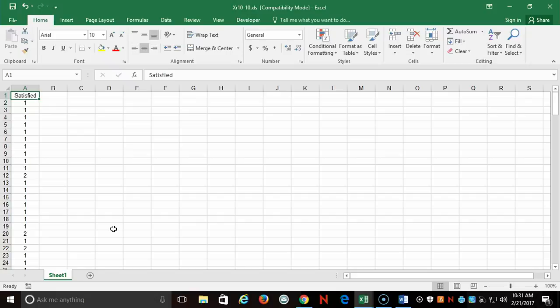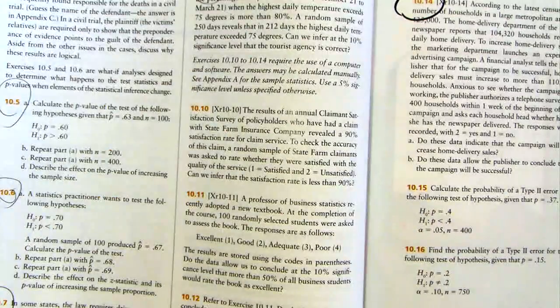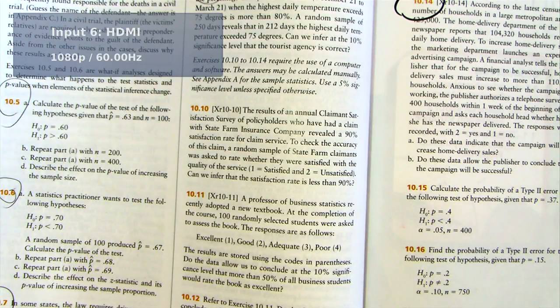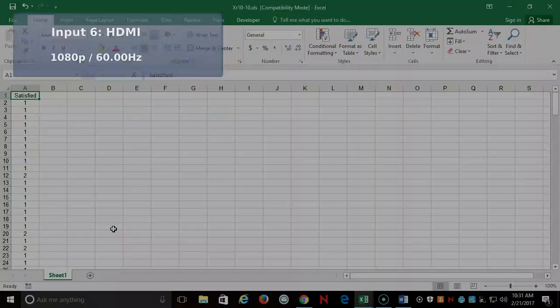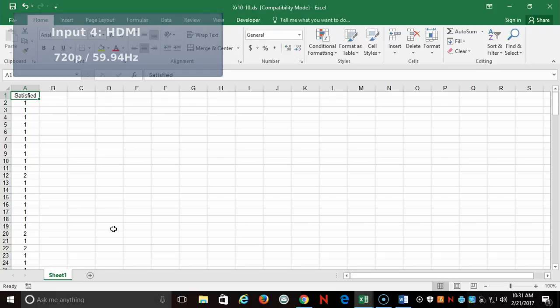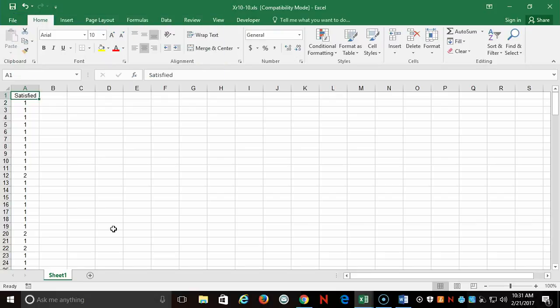And we asked them a question. We said, are you satisfied or not? 1 meant satisfied, 2 meant unsatisfied. So what do I need to do to get a sample proportion? Let's do Control N. This data goes down to 178, so it looks like I sampled 177 people.